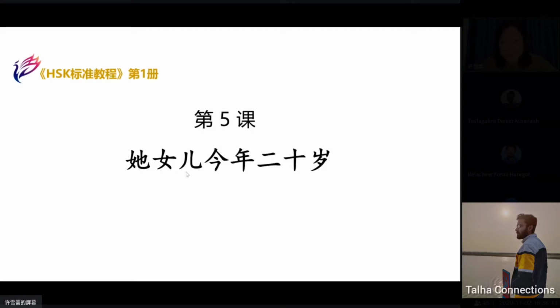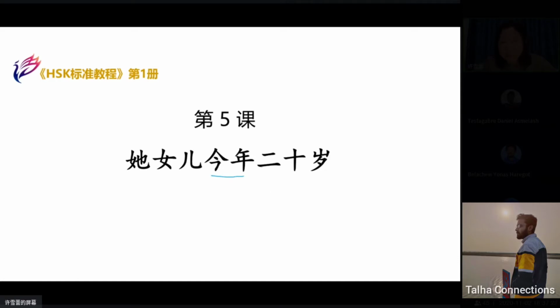And this one is read 女儿, which means daughter. 她女儿 means her daughter. This word 今年 means this year. 今年, it's this year.